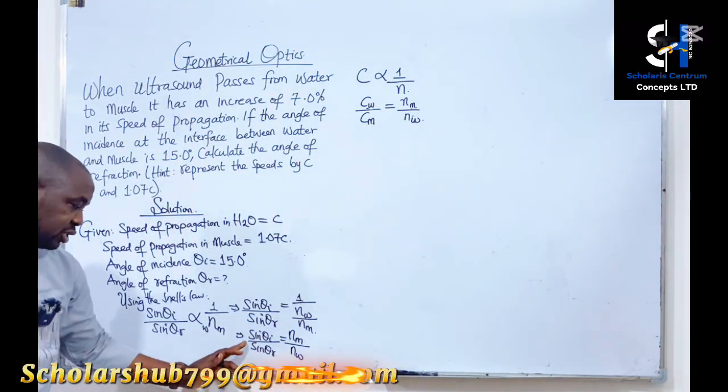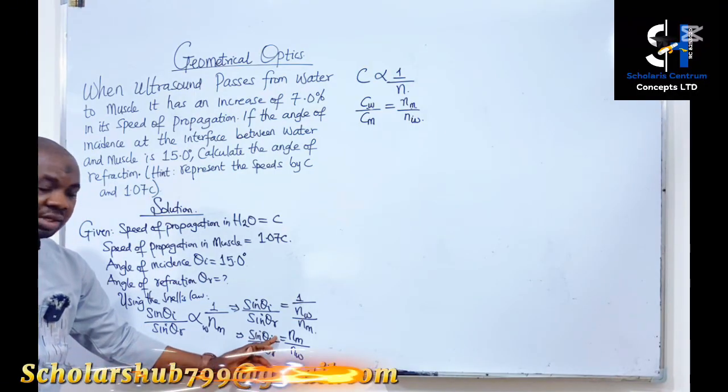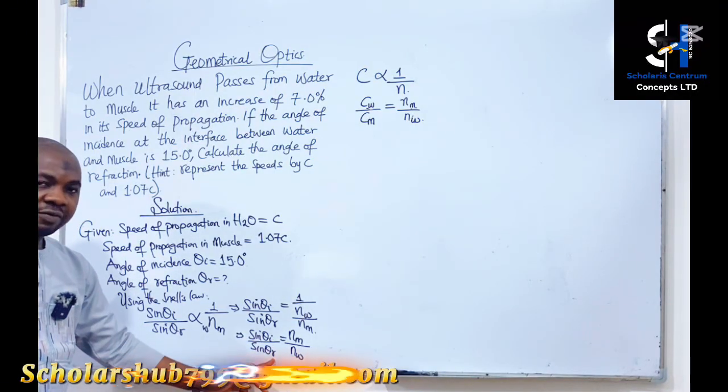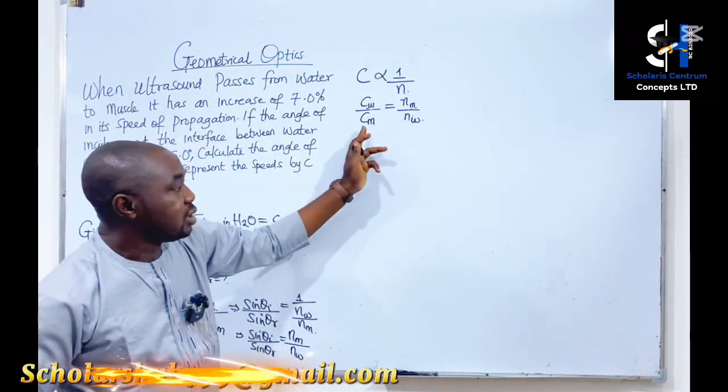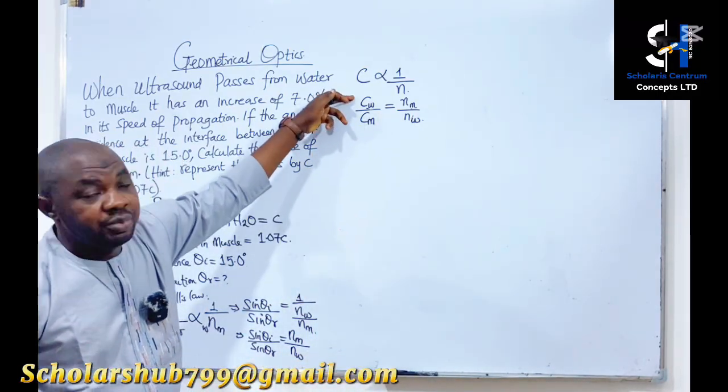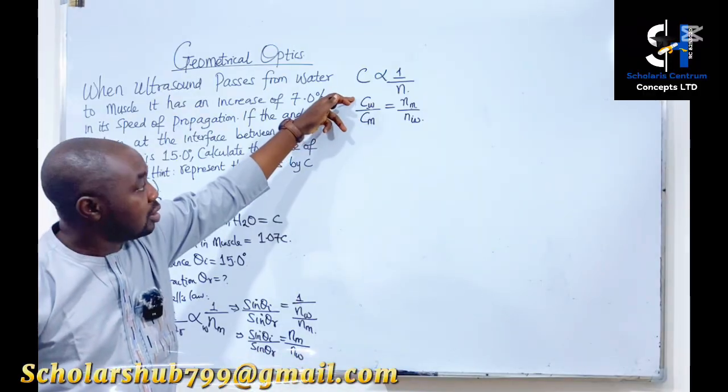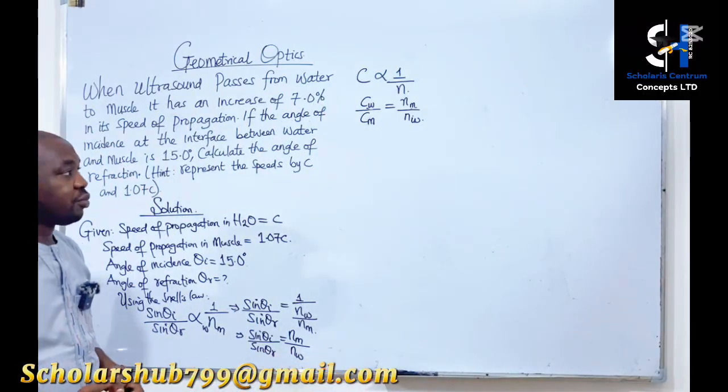We have the sine of the angle of incidence divided by the sine of the angle of refraction equal to this ratio, and it equals the ratio of the speed of propagation in water to the speed of propagation in muscle.